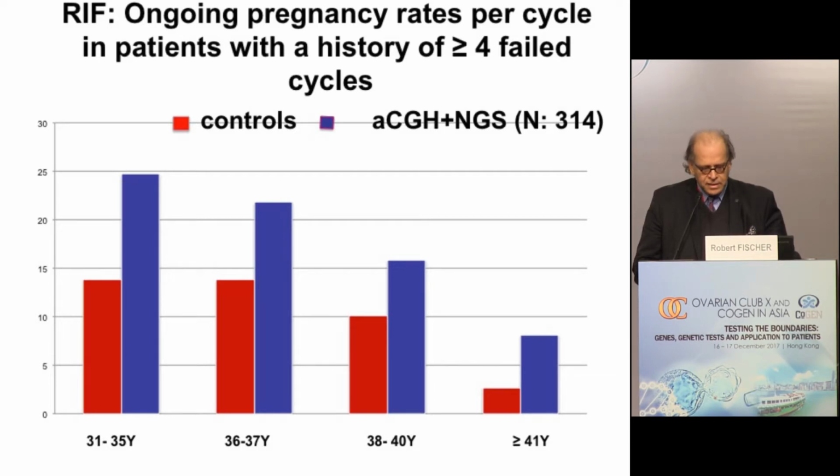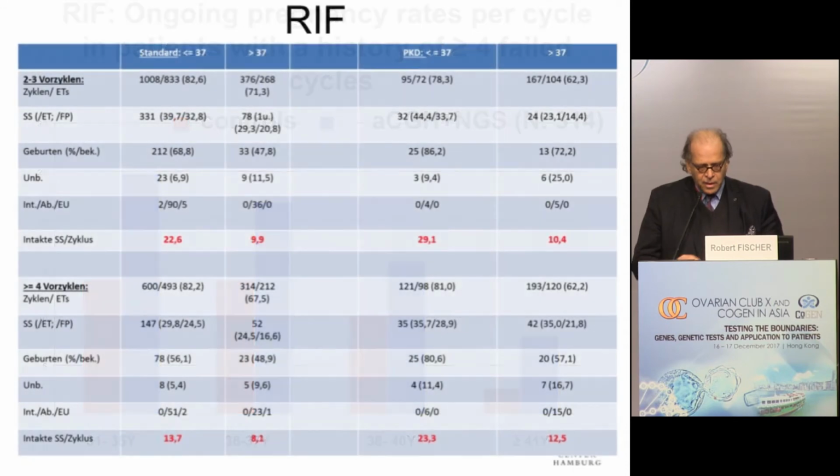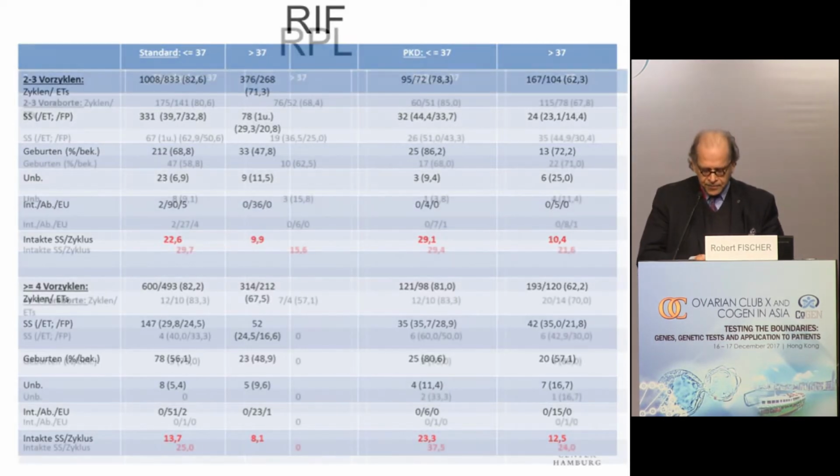You can see that in every age group the probability of achieving an ongoing pregnancy was increased, but we could see this phenomenon only if at least 4 cycles before had failed. When we looked, and I apologize for this busy slide, at 2 to 3 failed cycles, you will not see a difference in the young and not in the older ones. But you see a difference if it's above 4 cycles.